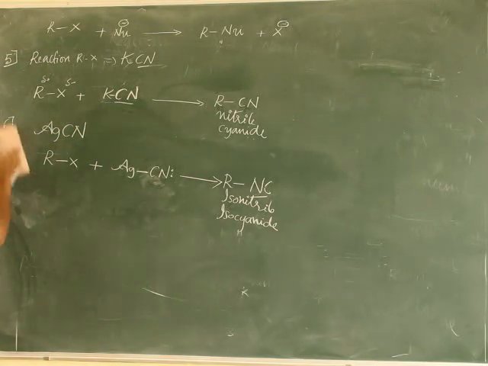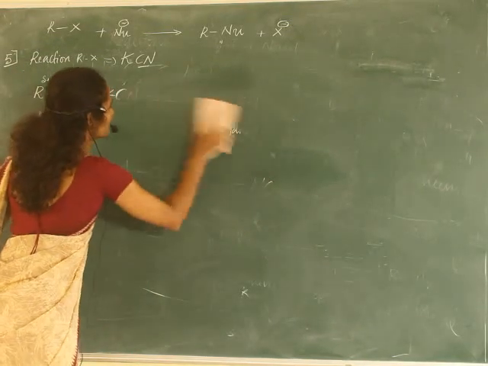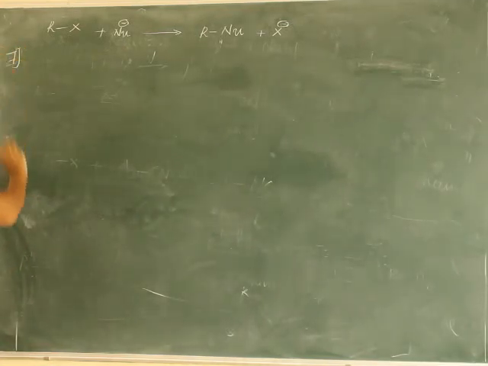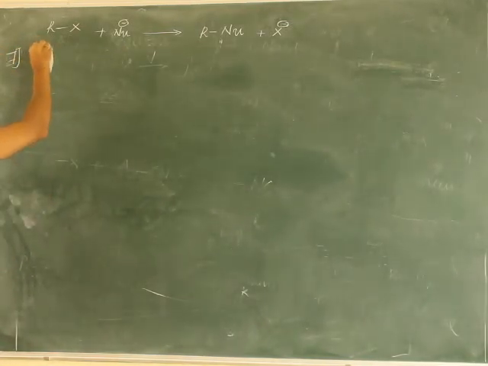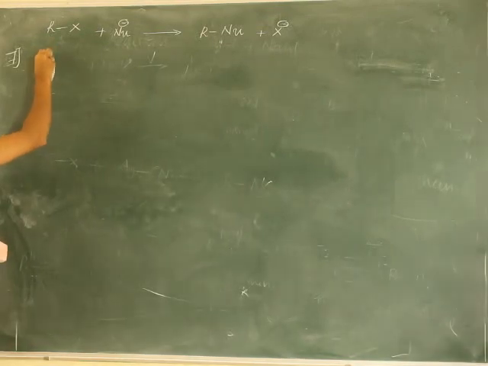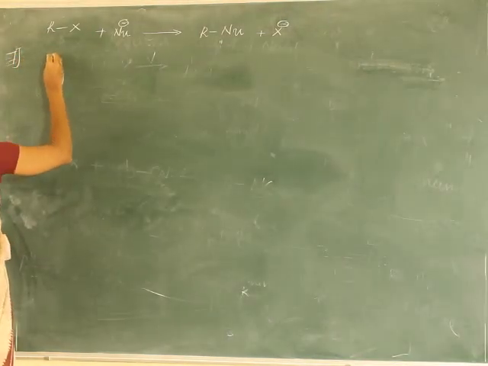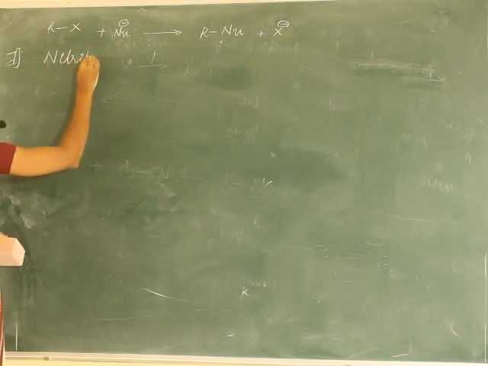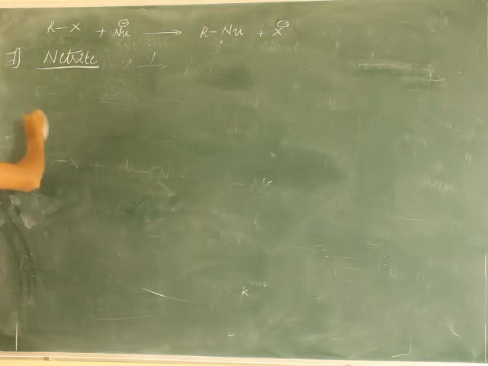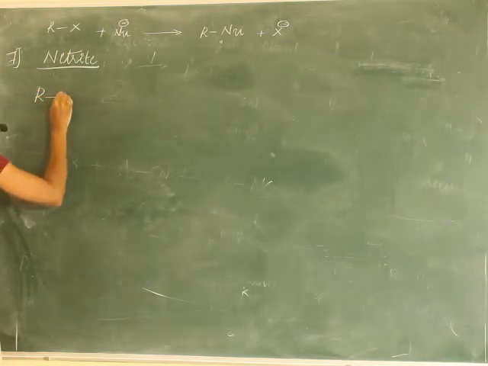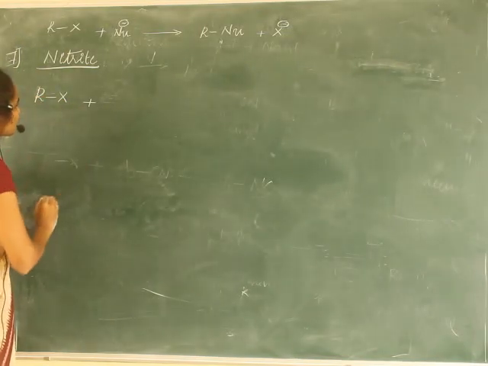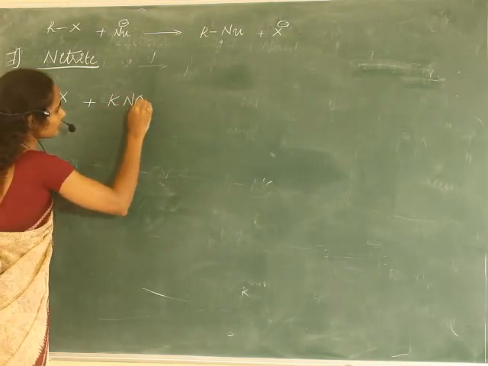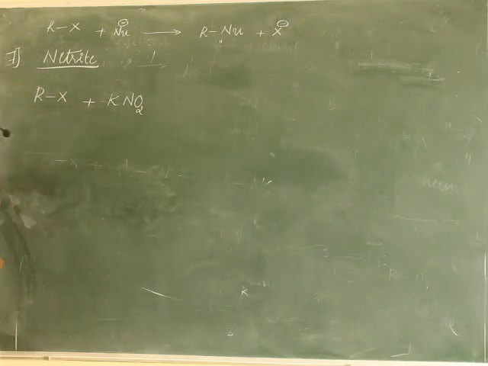Next, the seventh one, reaction of alkyl halide with nitrites. Alkyl halides on reaction with, first one I'll take potassium nitrite, not nitrate, it is nitrite, potassium nitrite.